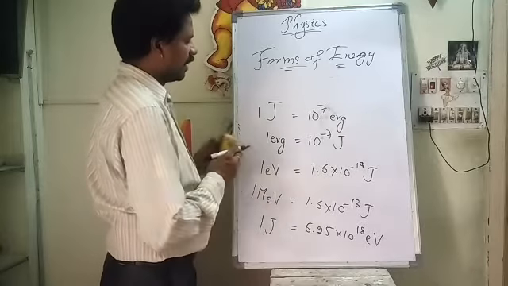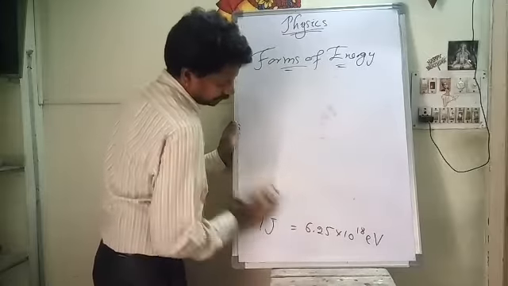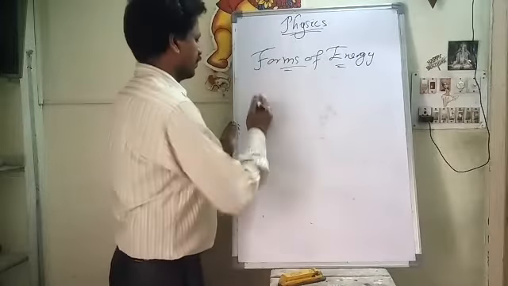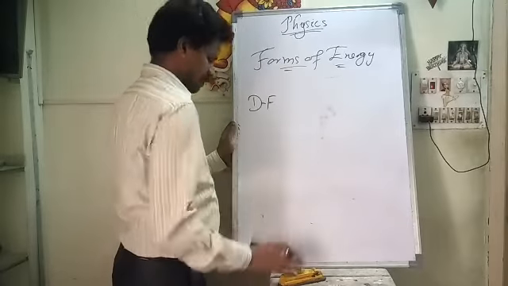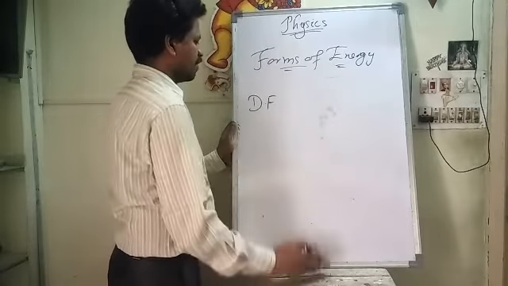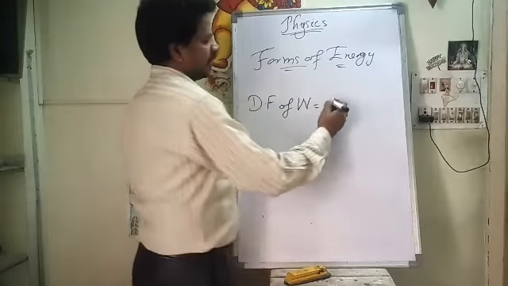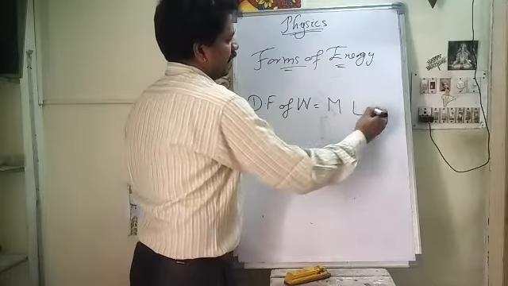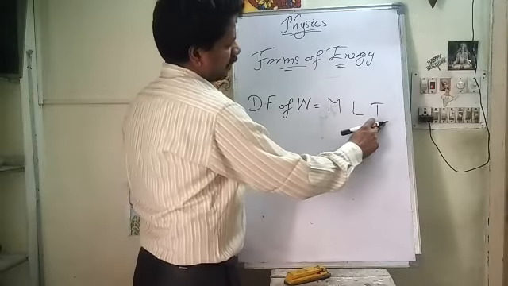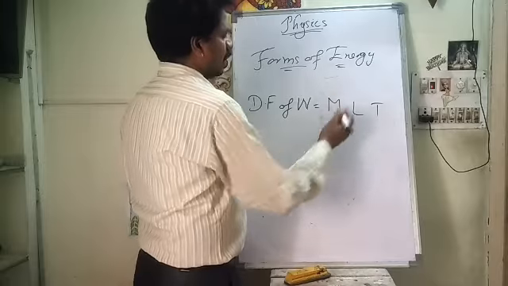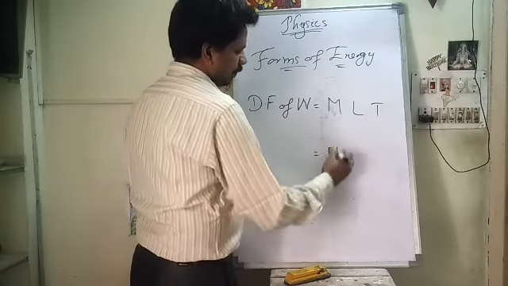The dimensional formula of work you can see: M, L, T, that is mass, length, time. Here the unit is newton meter.